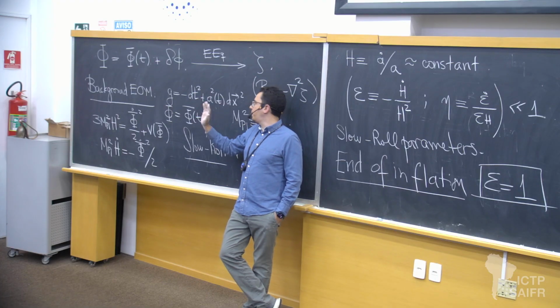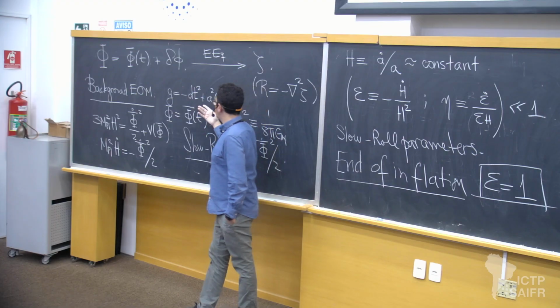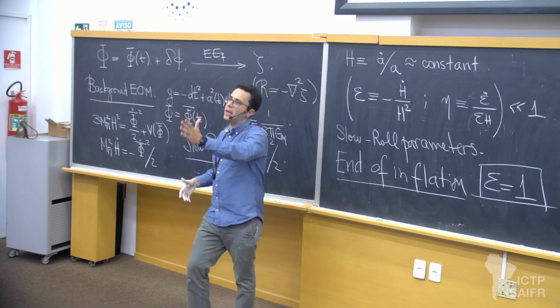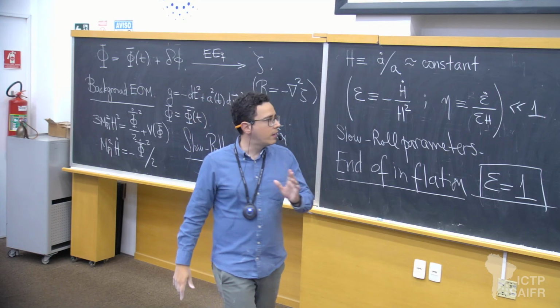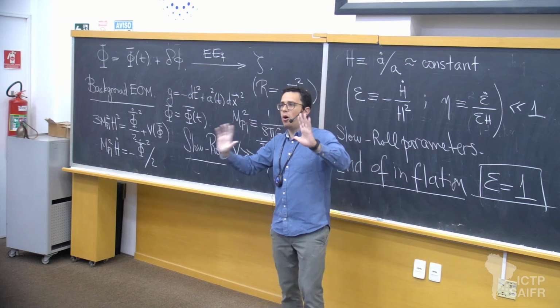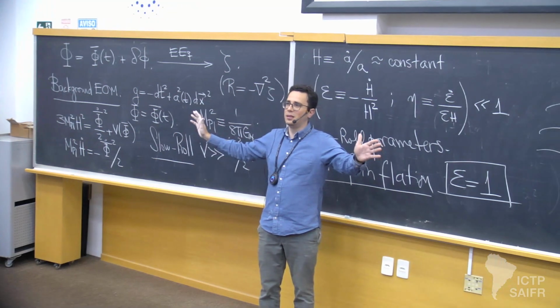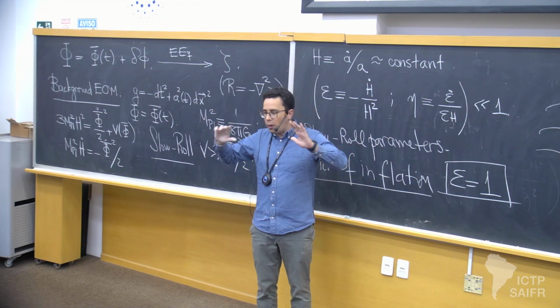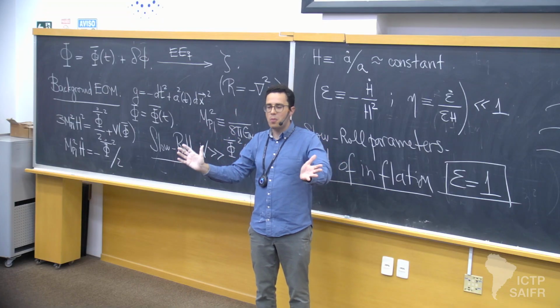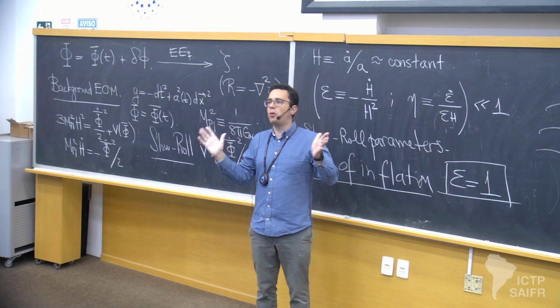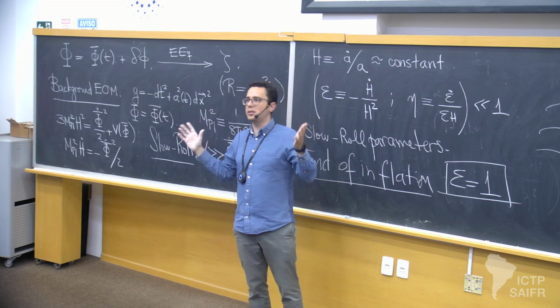But the actual a of t, we never really care. We take some pivot time, because remember, all the fun for a given mode happens at horizon crossing. All I really need to know is, for every mode, what Hubble scale it felt as it crossed the horizon.